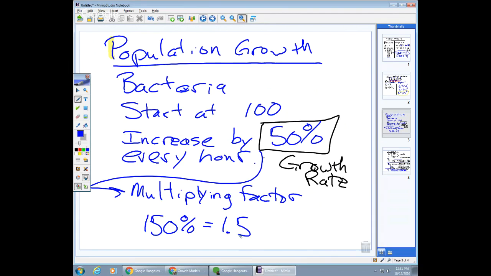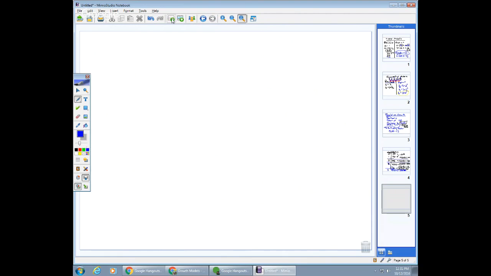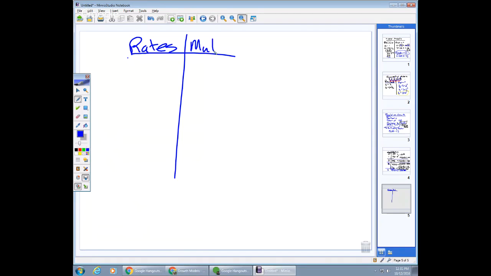Be 109% or 1.09. Yeah, so just some examples of that, just for fun here. If we took a look at growth rates versus multiplying factors, if the growth rate was 50%, adding 1 to that means the multiplying factor is 1.5.